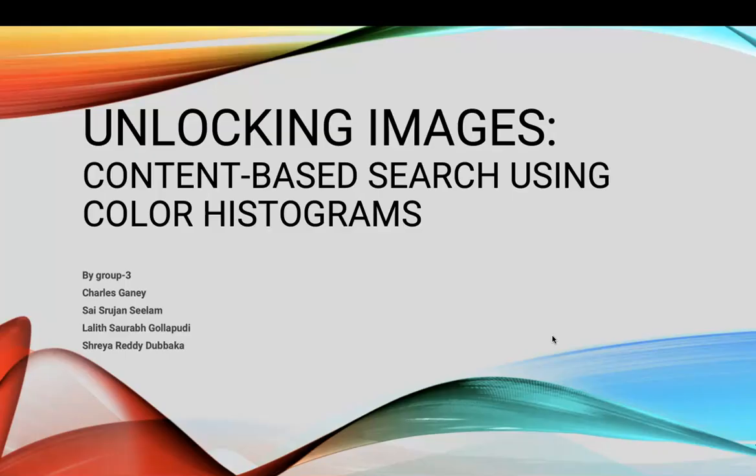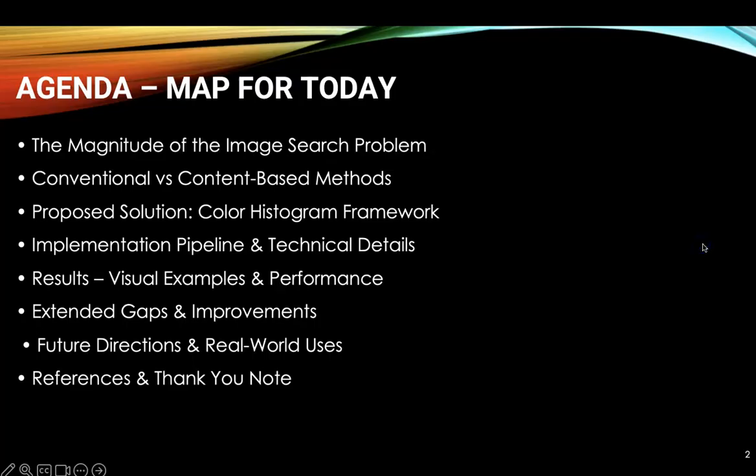So today we'll be learning about unlocking images, which is basically content-based search using the color histogram framework. As you know, nowadays billions of images are being uploaded to the internet every day, and it has been difficult to track down and search every image based on visual appearance.